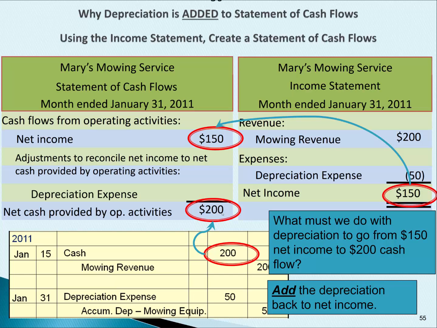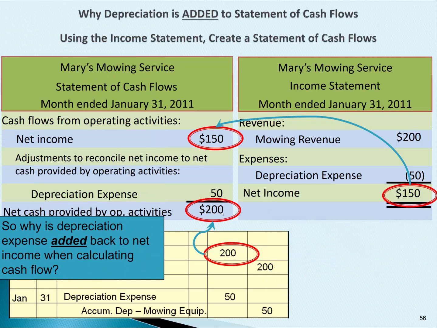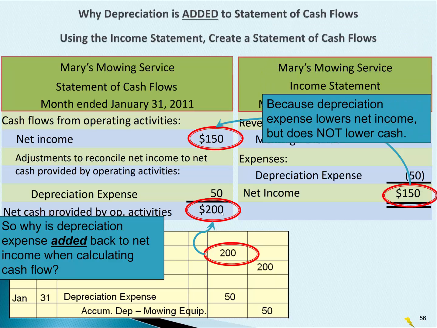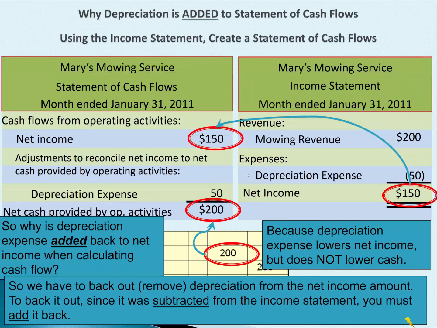So mathematically that makes sense. But you might be wondering, why do we have to add depreciation back to net income? It's simple, because depreciation expense lowered our net income, but it did not lower our cash. So we have to back out or remove depreciation from the net income amount.